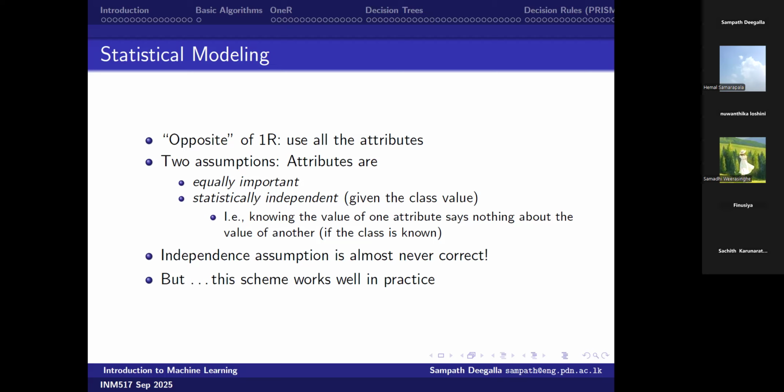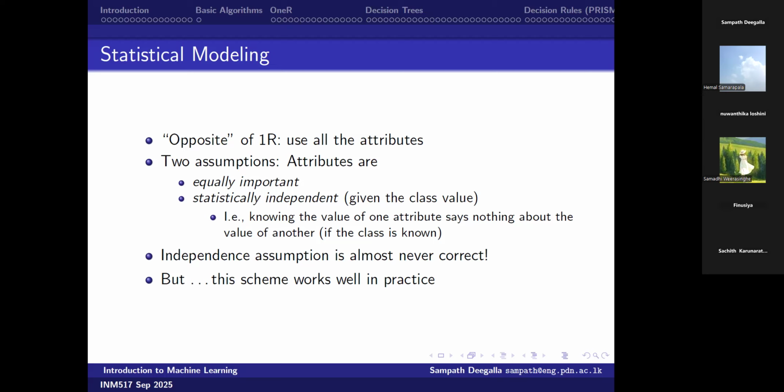If you increase one attribute and the other also increases, we say we have positive correlation. If you increase one and the second decreases, we say negative correlation. If it is neither, we say it's random. So the two assumptions are that they are equally important and statistically independent. These assumptions will never be exactly correct.